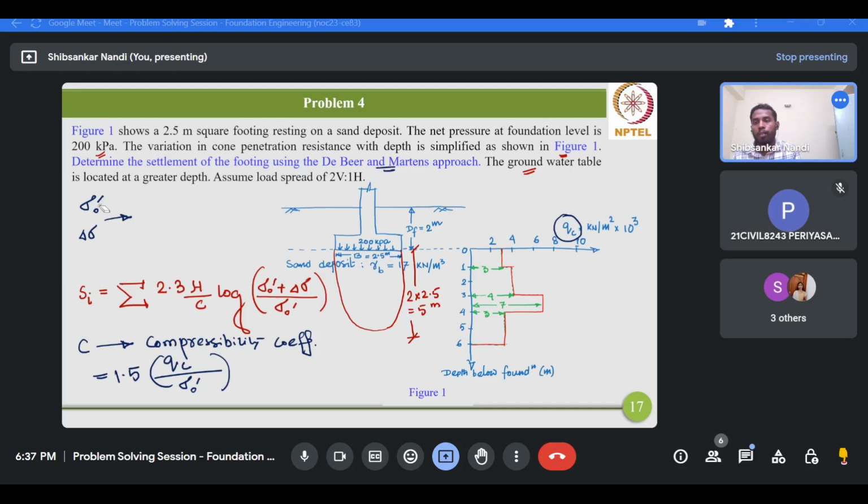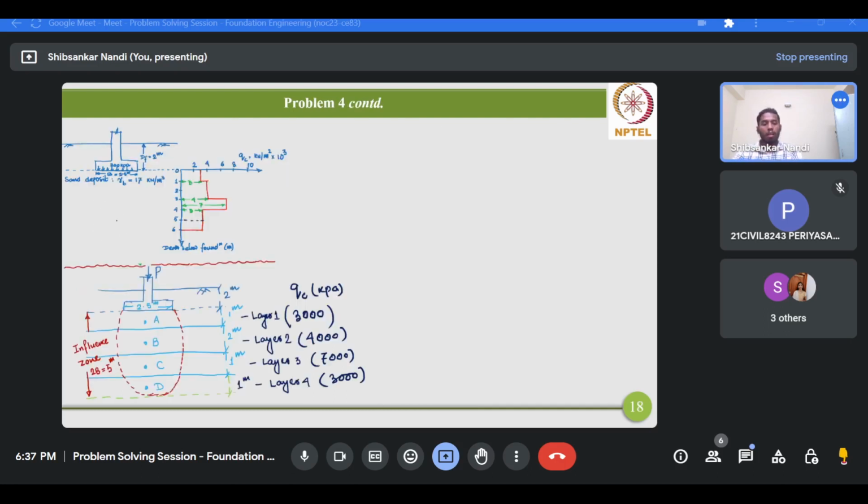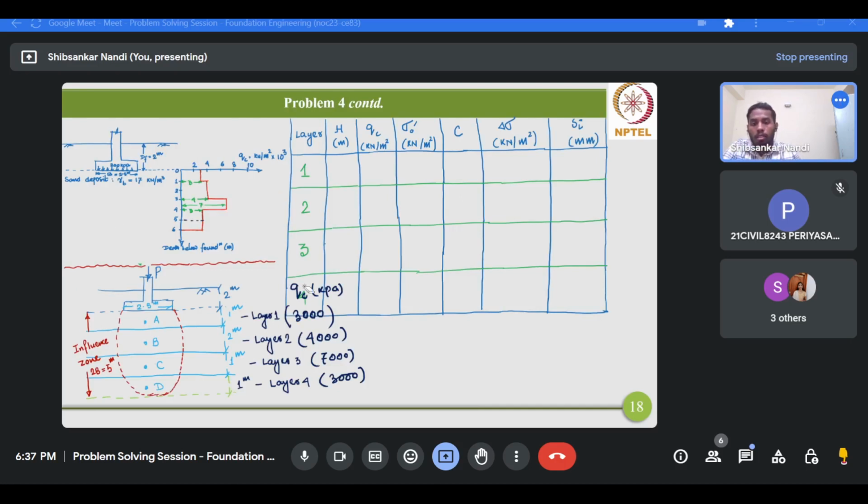Now we'll start our calculation in a tabular fashion. Since we have 4 layers, 1, 2, 3 and 4, we can easily write the thickness: the first layer is 1 meter, the second layer is 2 meter, the third layer is 1 meter, and the fourth layer is 1 meter.